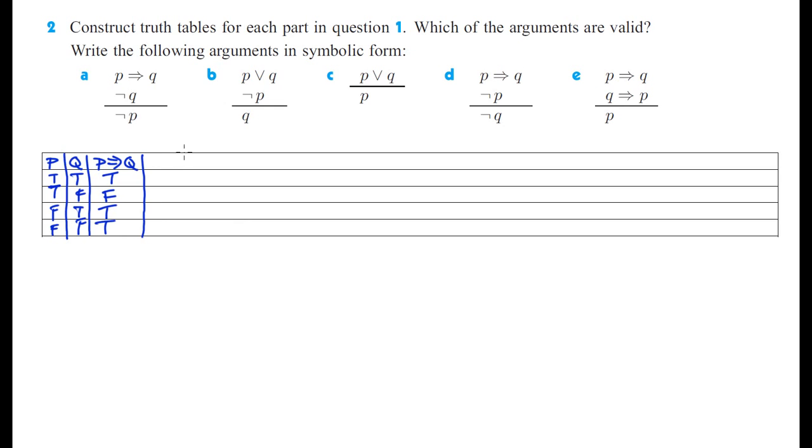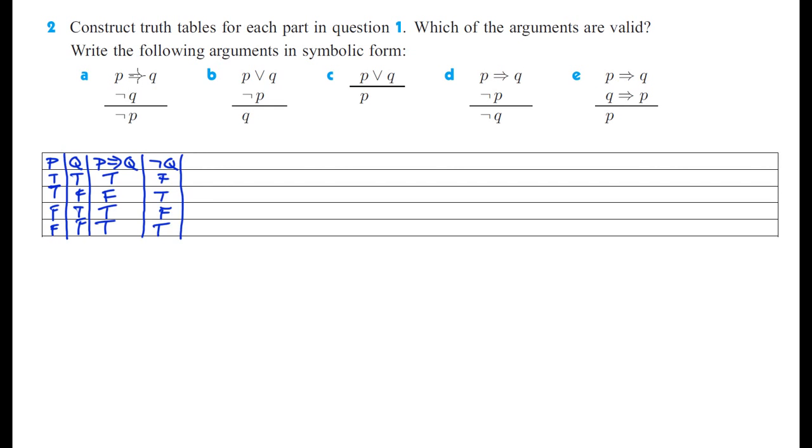Okay? So now we need to figure out not Q. Not Q is just going to be false, true, false, true.